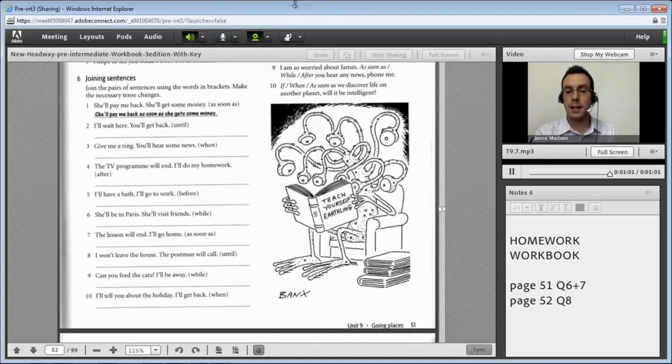Remember, you might need to make some changes, as after the time conjunctions we don't use future. We use the present, but we're talking about the future. So for example, number 1, she'll pay me back, she'll get some money. So change it to, she'll pay me back as soon as she gets some money.